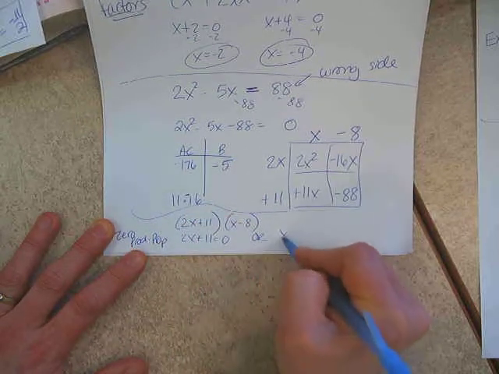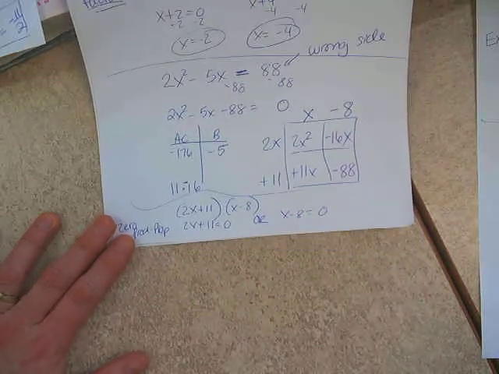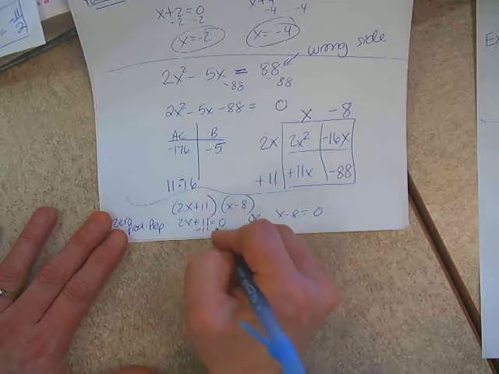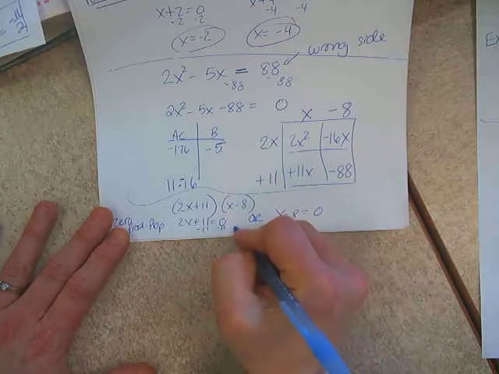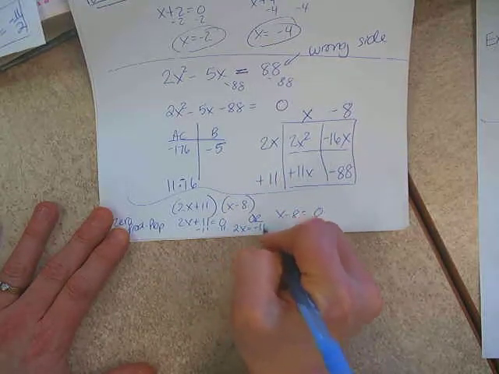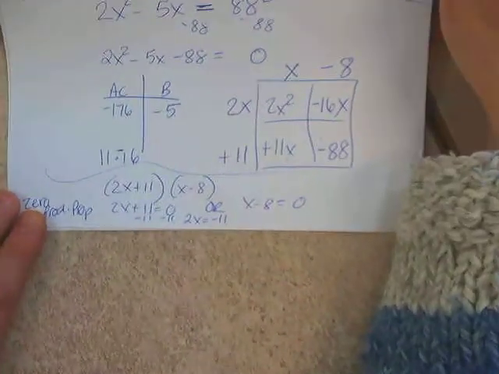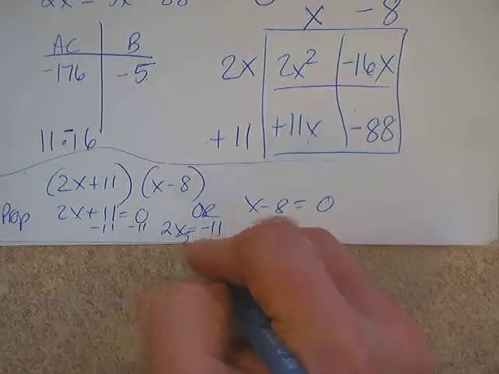So this is where I use the zero product property. I say 2x plus 11 equals 0, or x minus 8 equals 0. So I'd have to subtract 11. And I'm running out of room here. So 2x is negative 11.